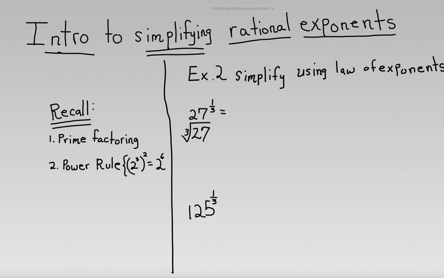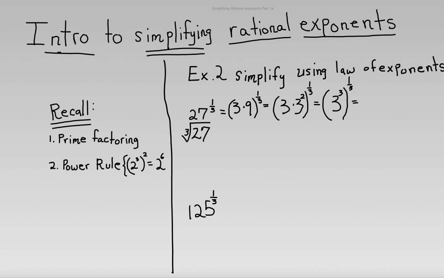Here we have 27 to the 1/3. 27 is 3 times 9, and that's to the 1/3. And we know that 9 is 3 squared to the 1/3.